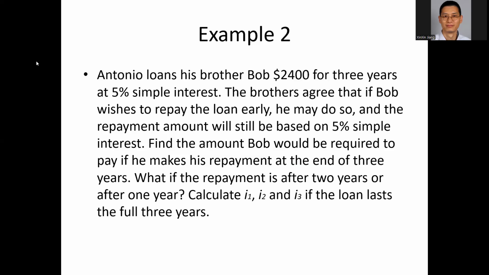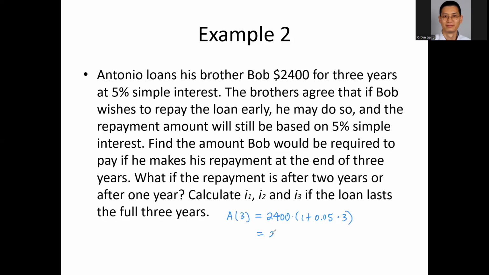Okay, so A3, after 3 years, right? That equals A0, which is 2,400, times 1 plus R, 0.05, times T, which is 3 years, and 1 plus RT, right?